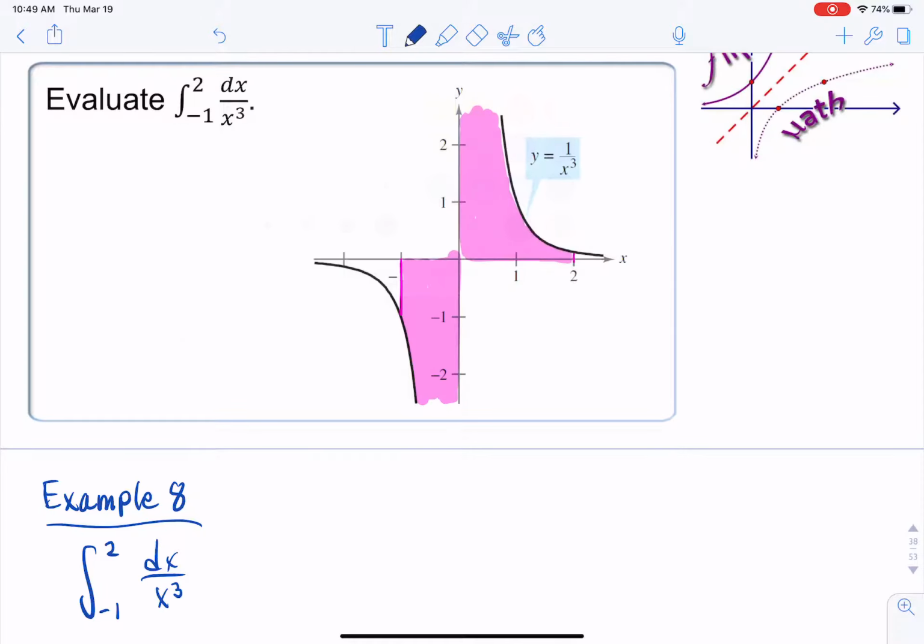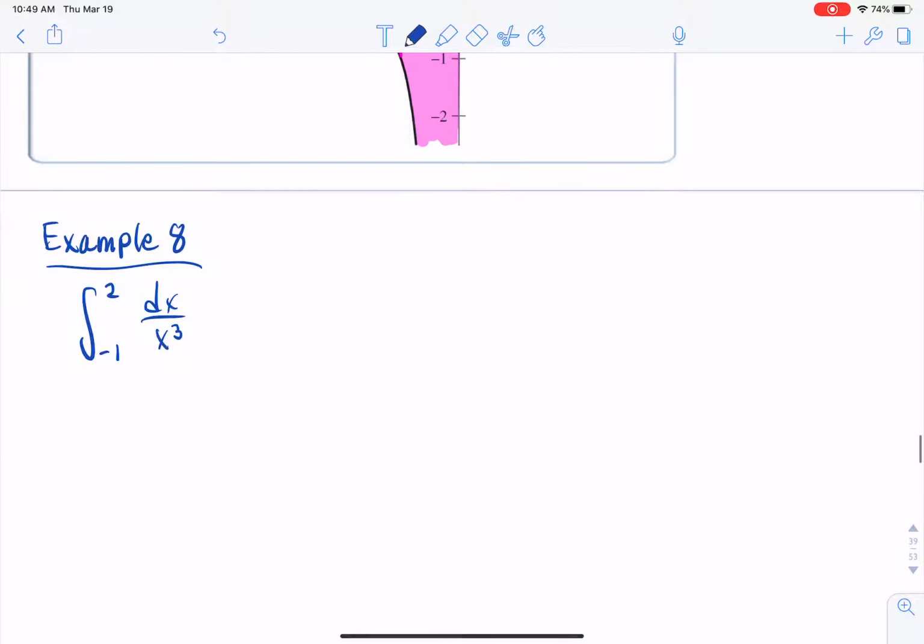So for this example, we have to break it up, before we take limits, as 2 separate integrals: one that approaches 0 from the left-hand side, and one that approaches 0 from the right-hand side. So this should be equal to the definite integral from -1 to 0 dx over x cubed plus the definite integral from 0 to 2 dx over x cubed.